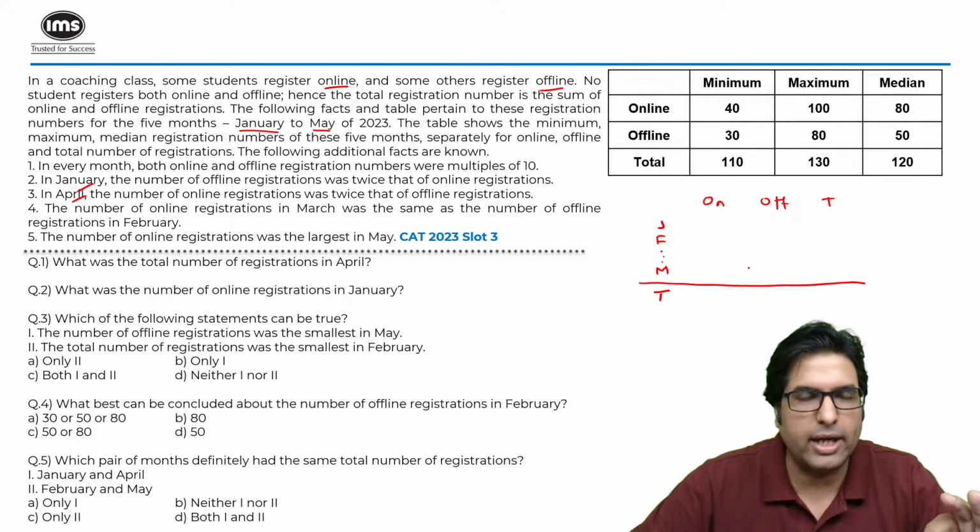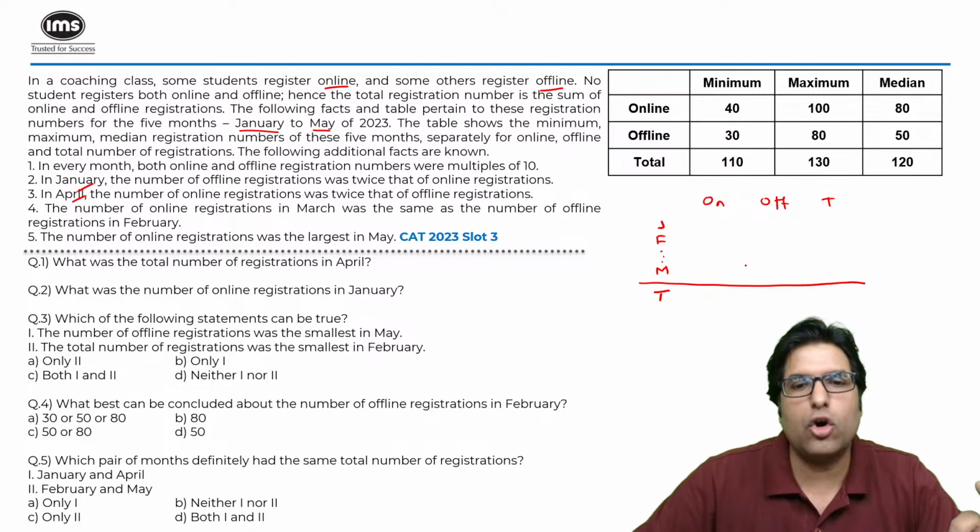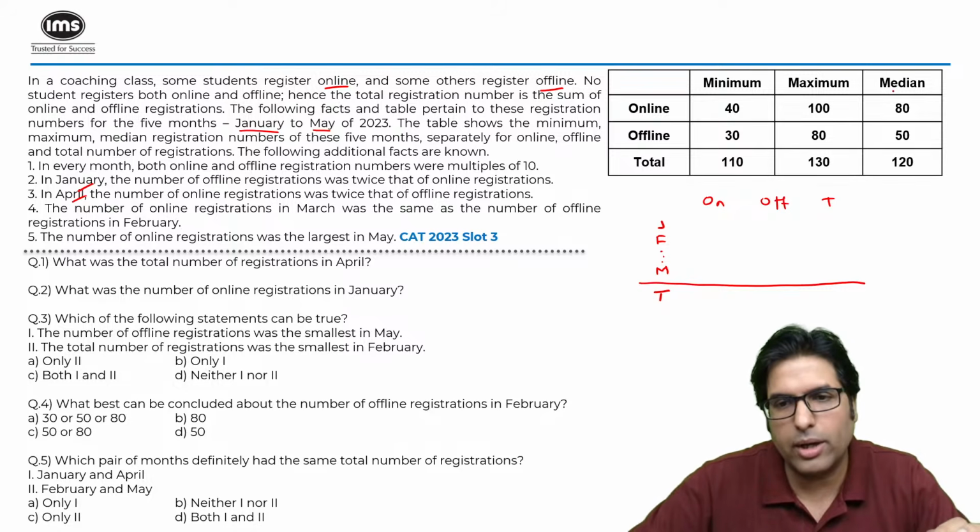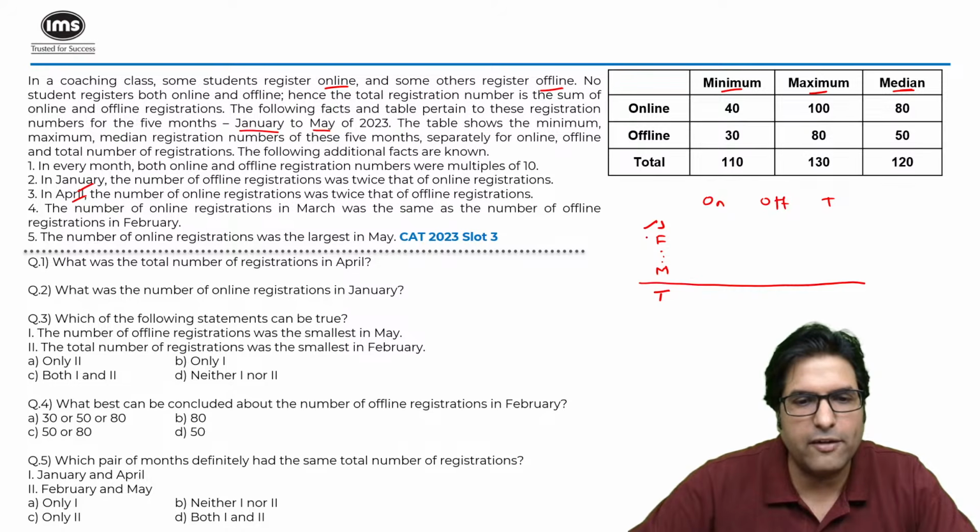One important grid structure or way of representation that I strongly recommend the moment you get median or mean, also called as average, and you get a min and a max. Because there are 5 months, Jan, Feb, March, April and May, across each of the totals for online and offline, please create 5 spaces.